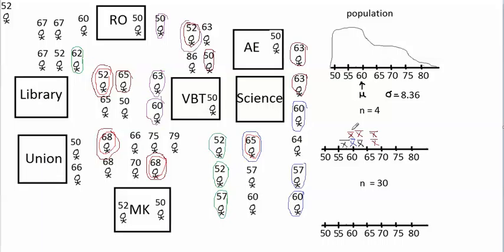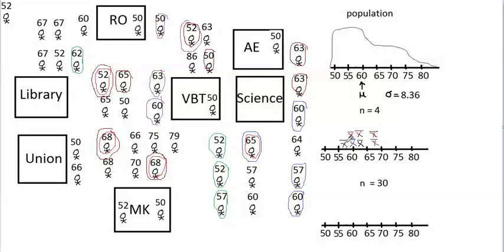All of the possible samples of 4 people that have a mean height of 57 would be stacked about right here. And all of the possible samples that have a mean height of 50 would be stacked here. And all of the possible samples of 4 people that have a mean height of 75 would be out here.